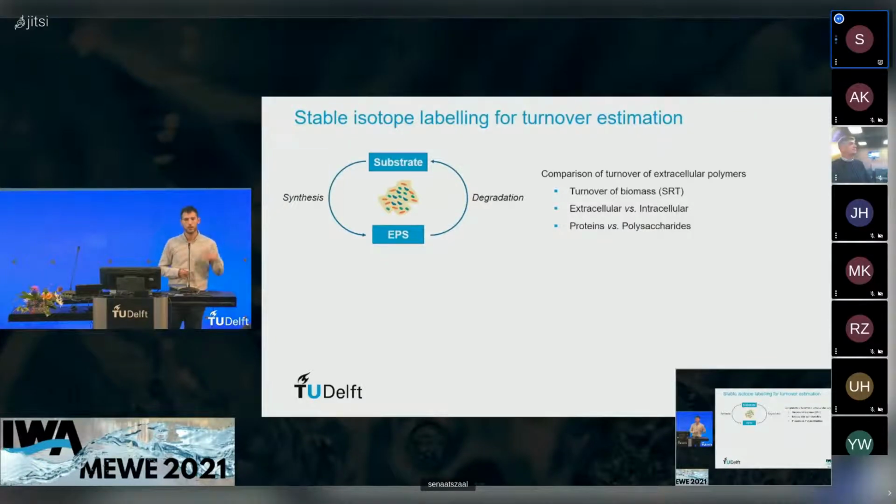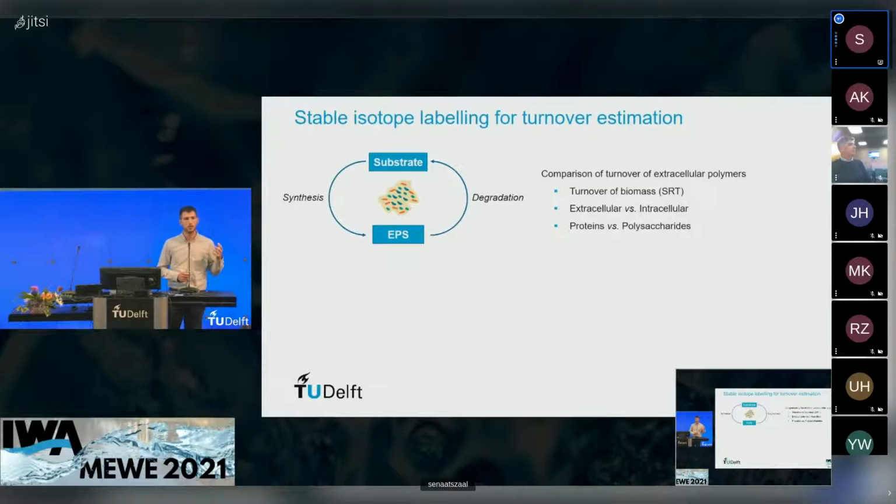If we calculate these turnover rates of these polymers, then we can compare them, for example, to what we would consider the theoretical turnover or SRT, but that would include not only the growth rate, but other decay rates that are happening in our biomass.